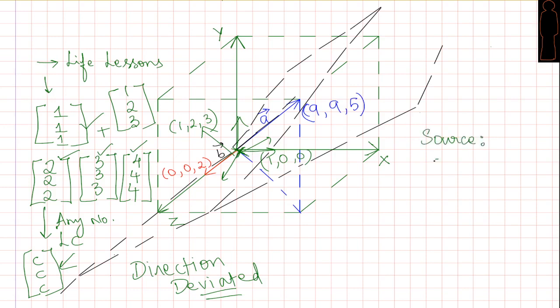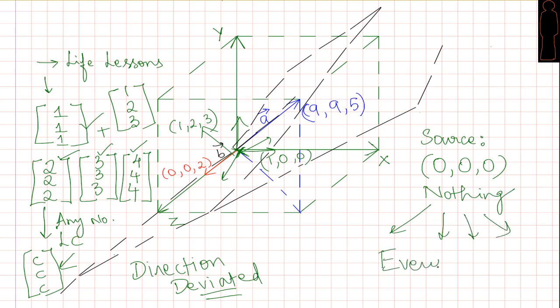And what is the source? 0, 0, 0, which actually means nothing. And it is this nothing that has given rise to all the vectors, which is everything. That means everything has come from nothing, and everything will one day get back to its source, which is nothing.